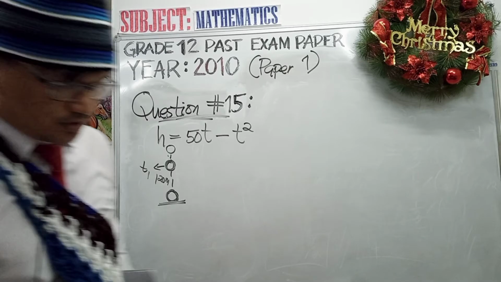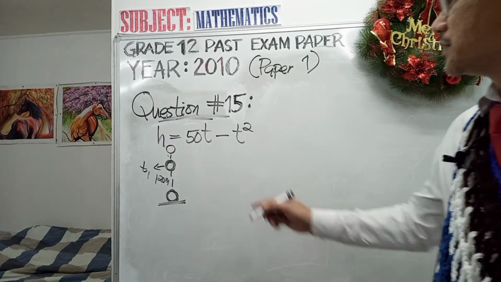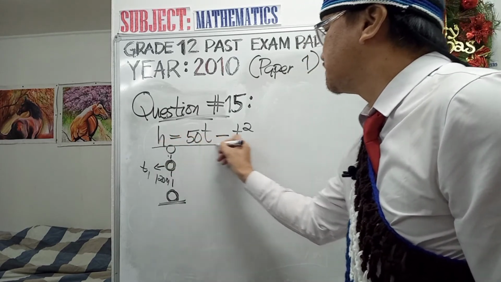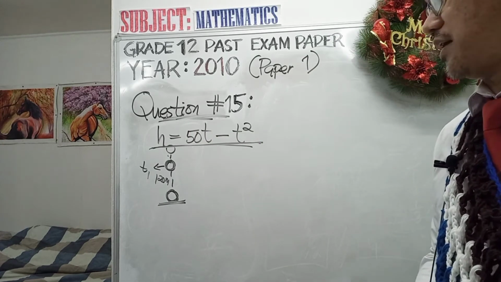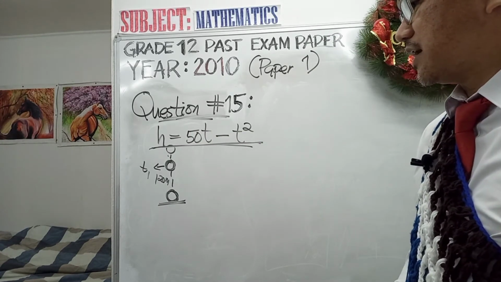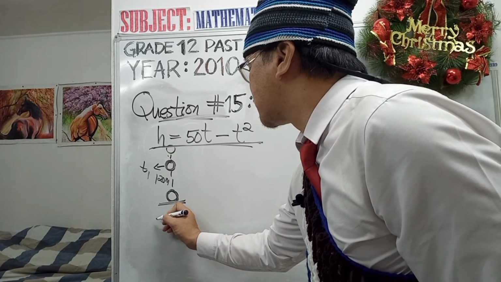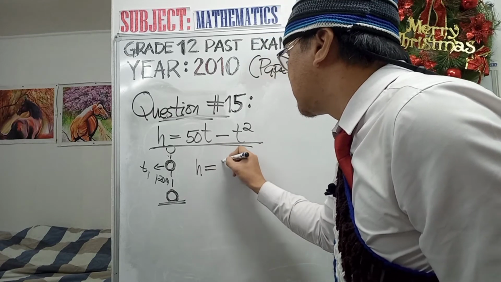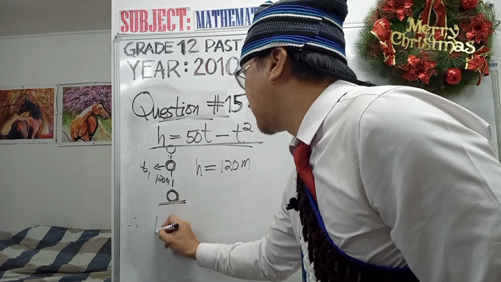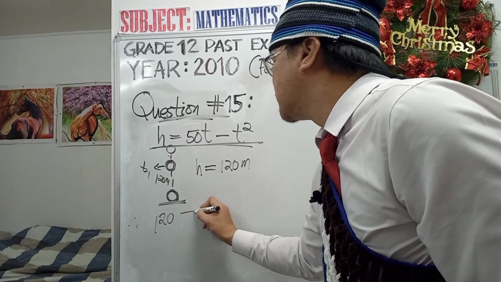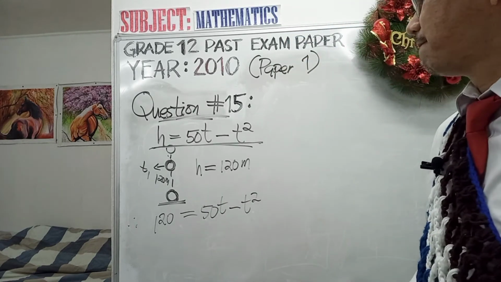So what do we do here when we are given this function? We have the height as our function. The height is equal to 50t minus t squared. So how do we calculate this one? When we substitute, when the height is 120 meters, the function becomes 120 is equal to 50t minus t squared.